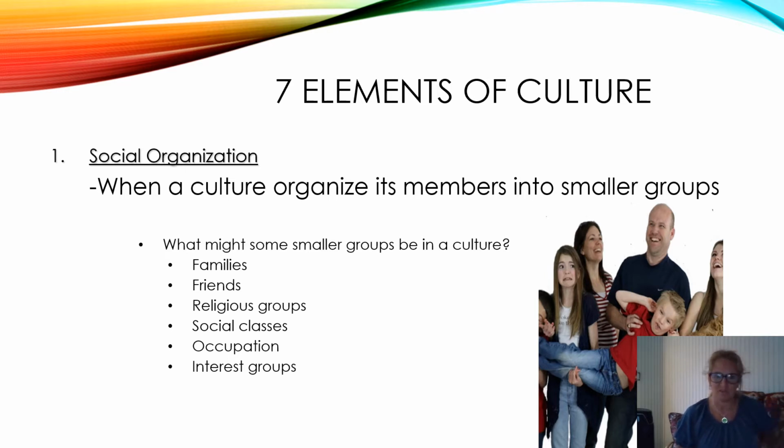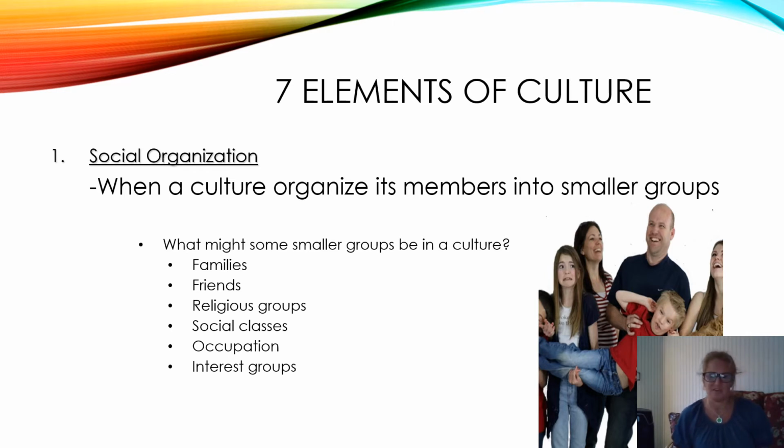Families, friends, social classes. Social classes are just a way that we rank people. It might be related to money or occupation or education, race. It's just how we rank people, and it's contextual based on the society that we live in.